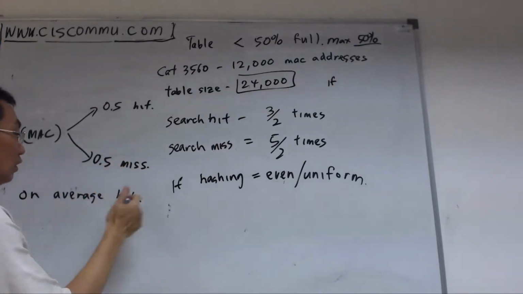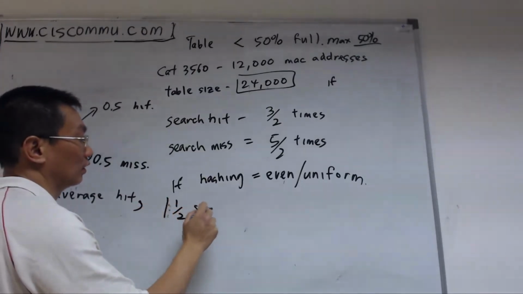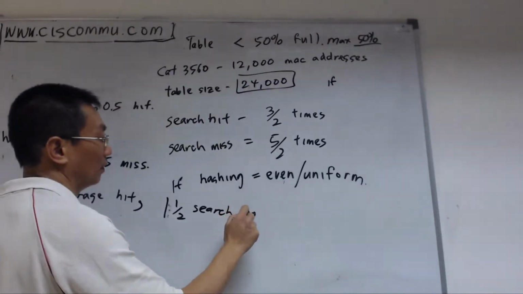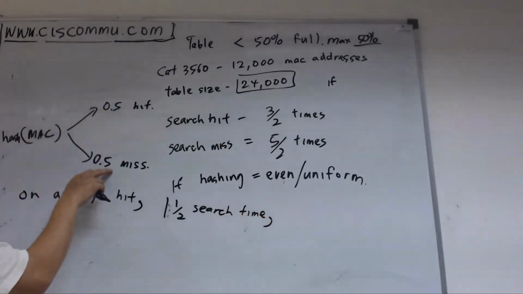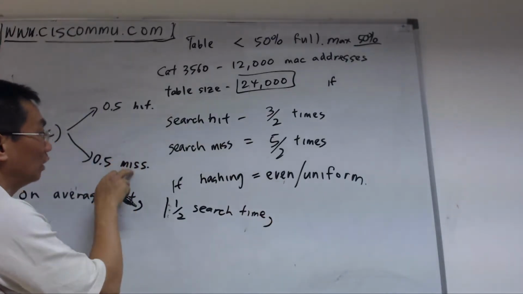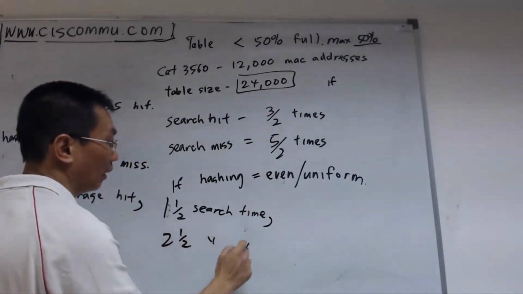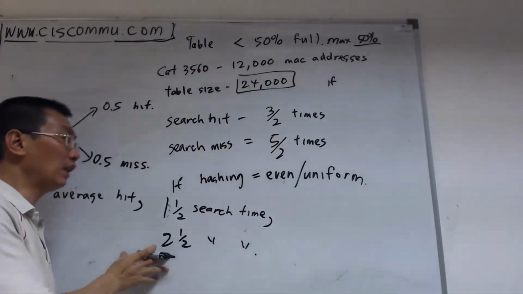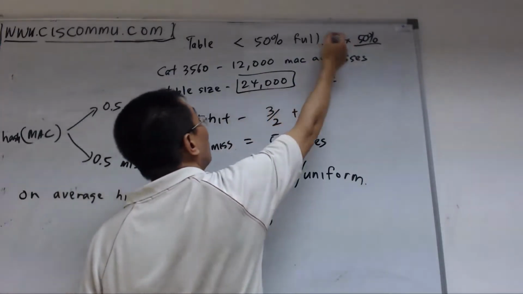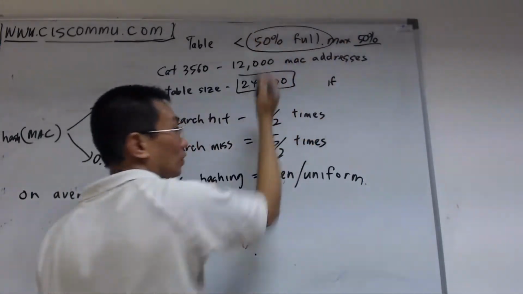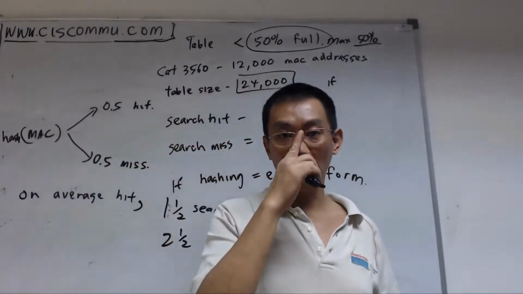So on average, you will need to have 1.5 times search time. Okay? If you get a miss, then you have to do this and repeat this. Therefore, you have 2.5 times search time. It's important that you must maintain the table size to have a maximum 50% full. Then you can achieve the performance required.